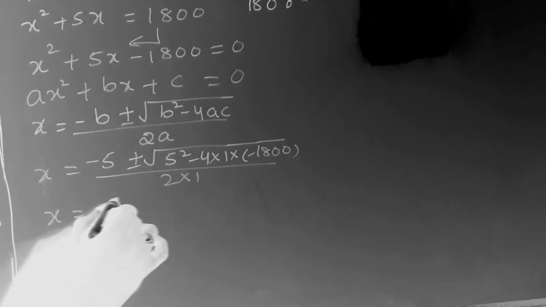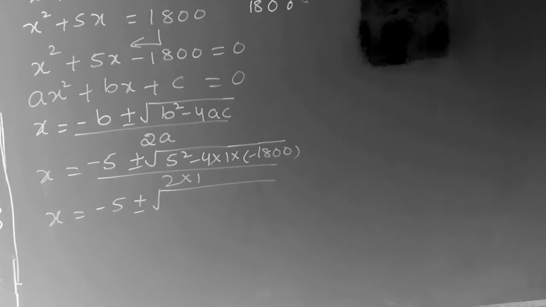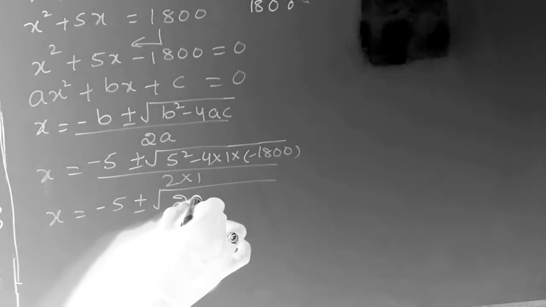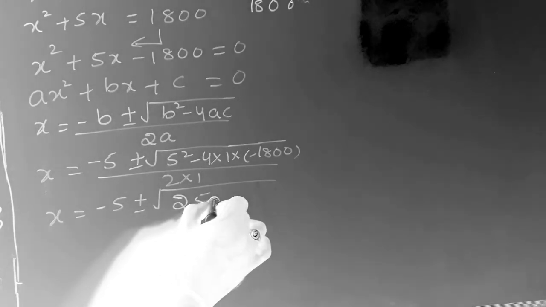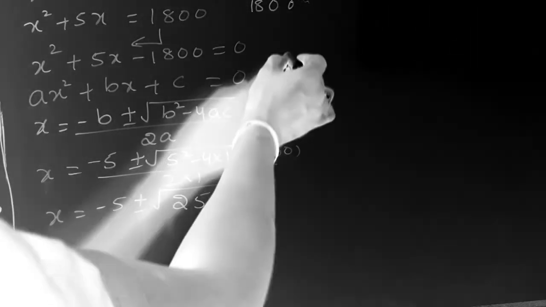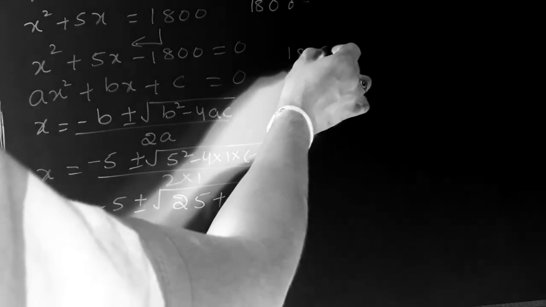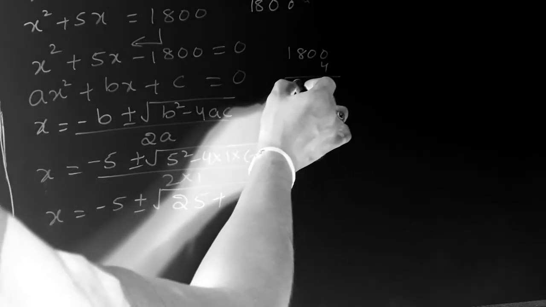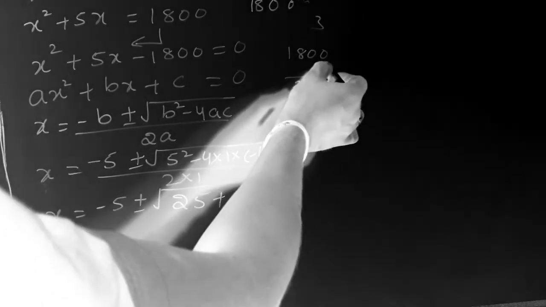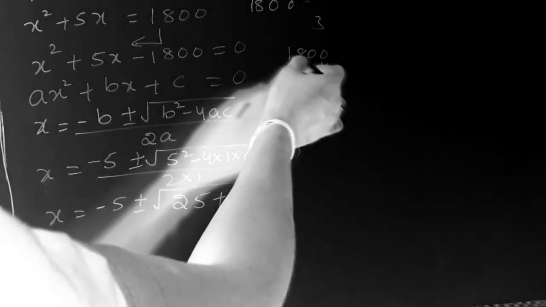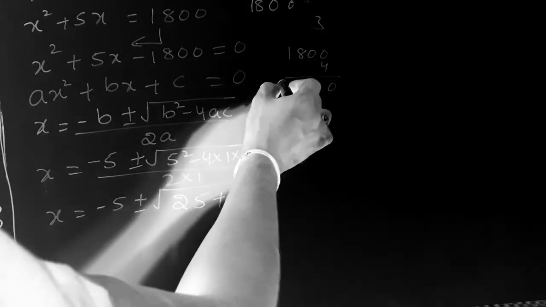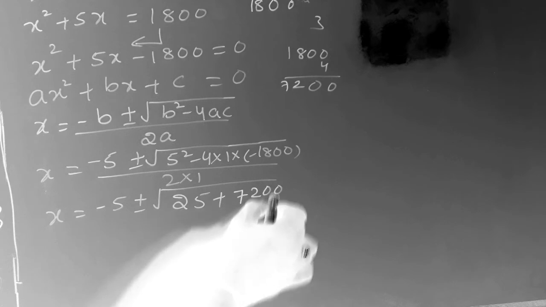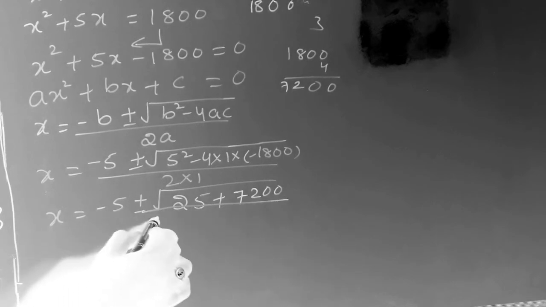Minus 5 plus or minus, here 5 square is 25, minus into minus is plus, 1800 into 4: 0, 0, 8 fours are 32, 4 into 1 is 4, 4 plus 3 is 7, so 7200, by 2.